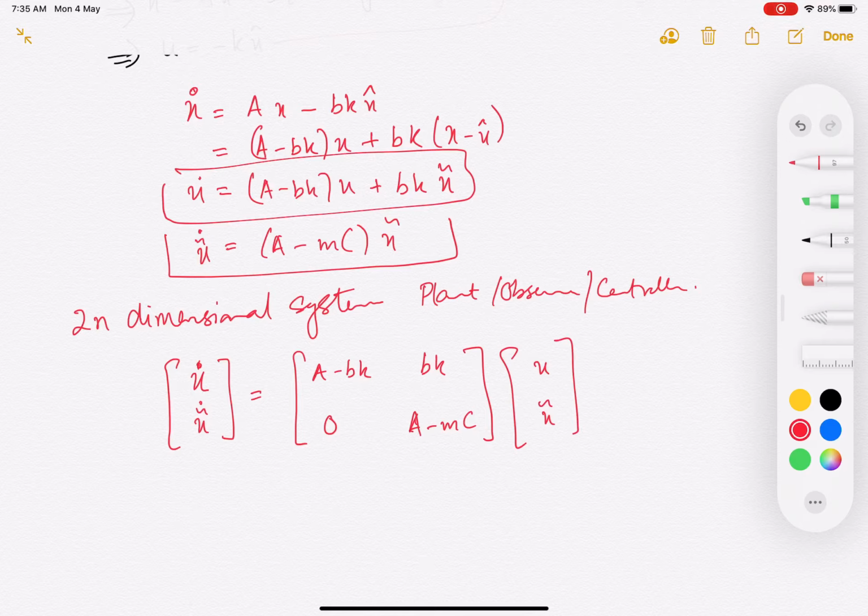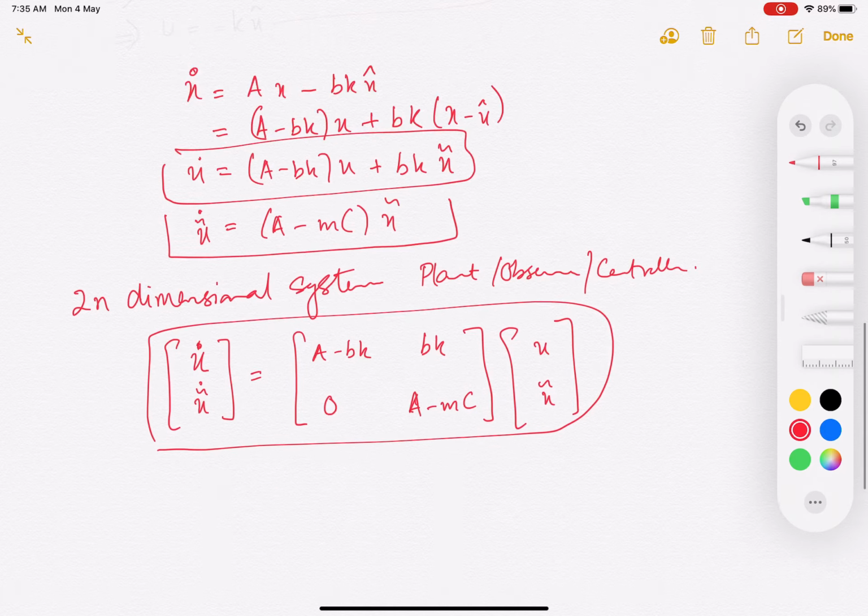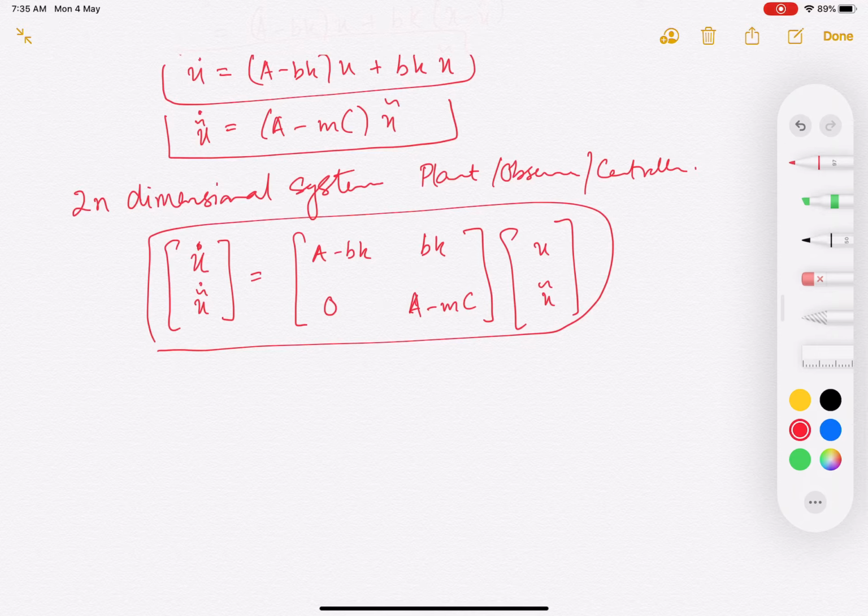Now this matrix equation has a characteristic equation given by the determinant of sI minus (A minus BK) into the determinant of sI minus (A minus MC) equal to 0. This is because of the 0 term here.